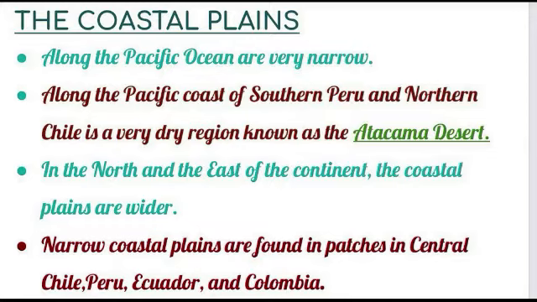The coastal plains along the Pacific Ocean are very narrow or almost absent because of the steep slope on the western side of the Andes. So, narrow coastal plains are found in central Chile, Peru, Ecuador and Colombia.